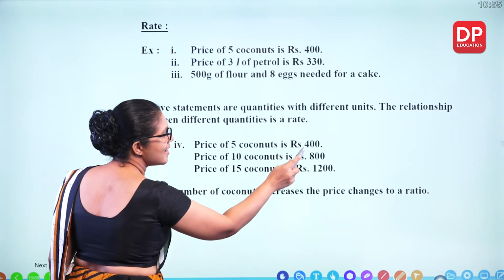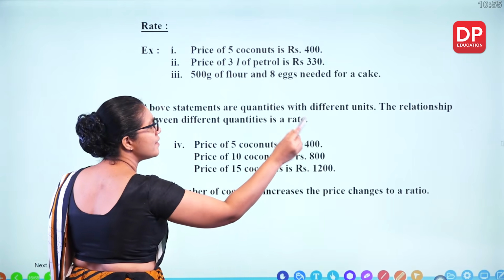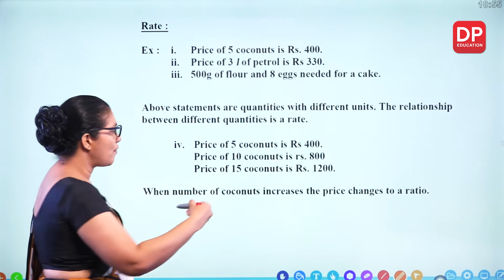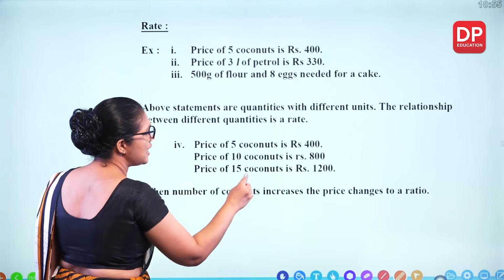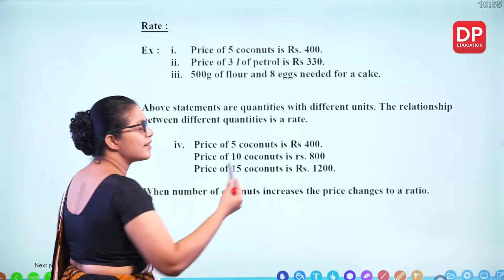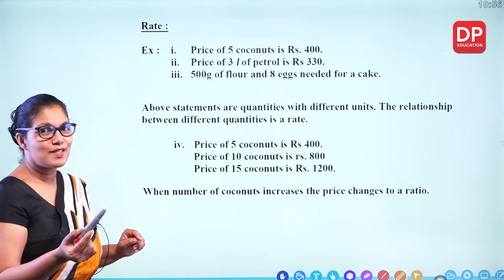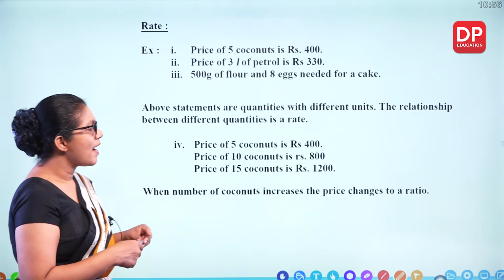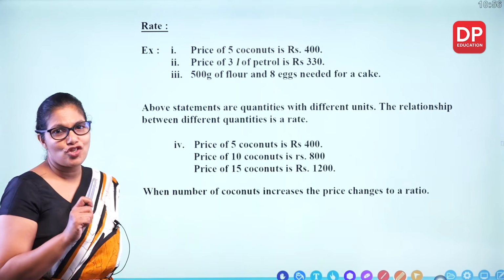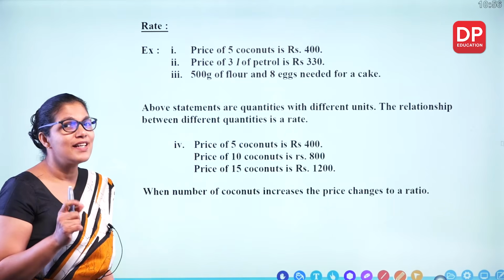It's increasing accordingly. So 5 into 2. So 400 into 2. Again, to find out 15, you multiply by 3. 5 times 3, 15. 400 times 3, 1200. 1 apple is this much. 3 apples this much. So when number of coconuts increases, the price changes according to a ratio. So there you get ratio as well as rate.